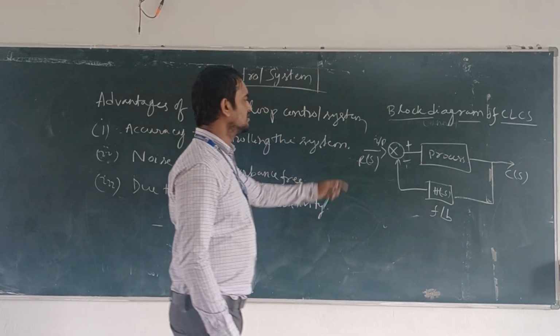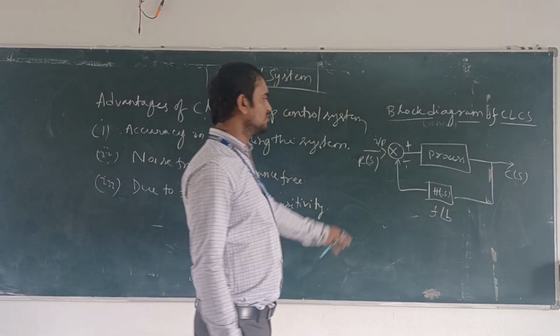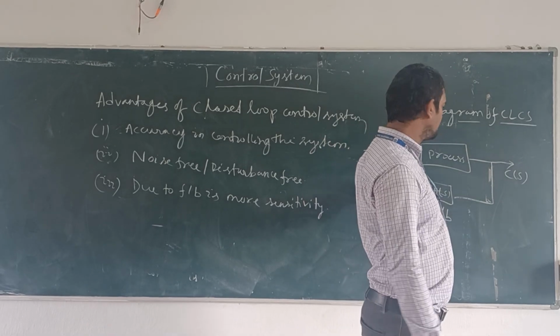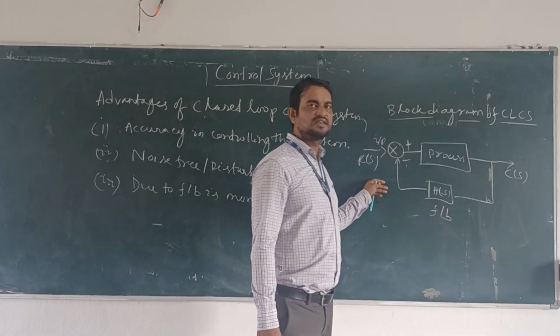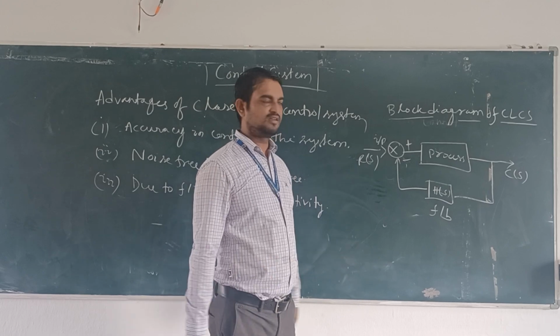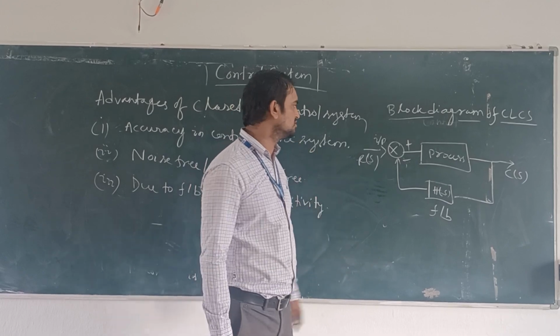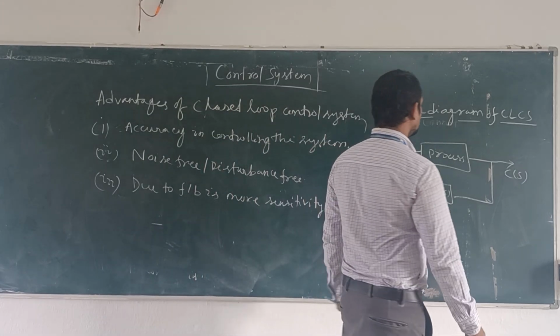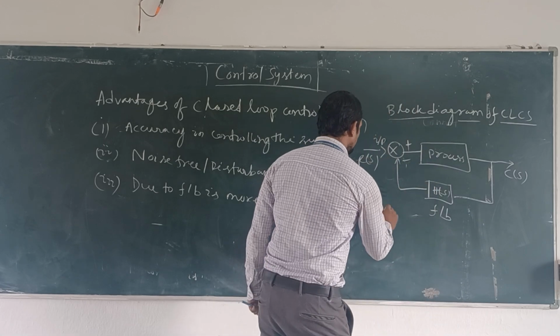So this is the block diagram of a closed loop control system. Due to feedback, the disturbance is less, and it can be controlled more accurately as compared to an open loop control system.